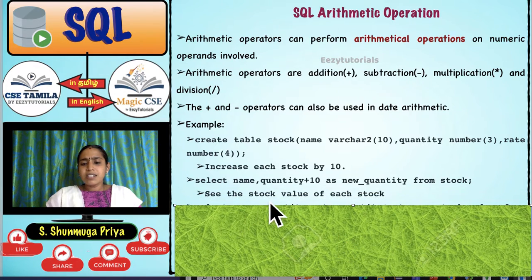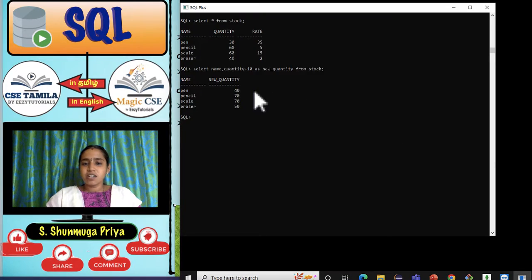Now you want to see the stock value for each stock. That is, you are having name, quantity, rate. So what is the stock value for this pen? That is quantity into rate. That also you can see. So name, quantity, rate. Now I want to see the stock value. That is quantity into rate.